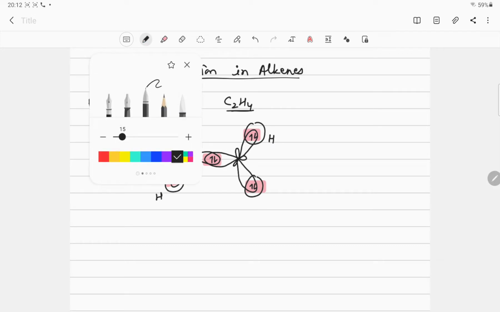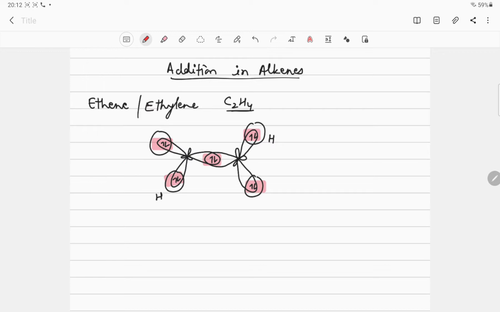Now what about the unhybridized orbital? Because sp2 is the type of hybridization, one unhybridized orbital is also left with each of these carbons. So these unhybridized p orbitals will undergo sideways overlapping to form the pi bond.